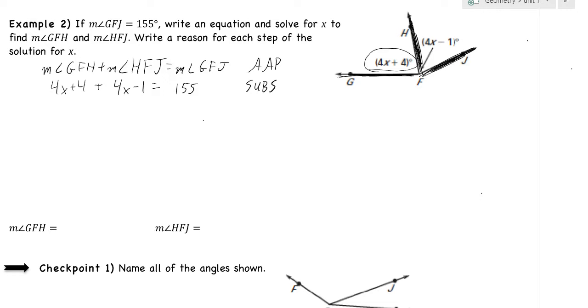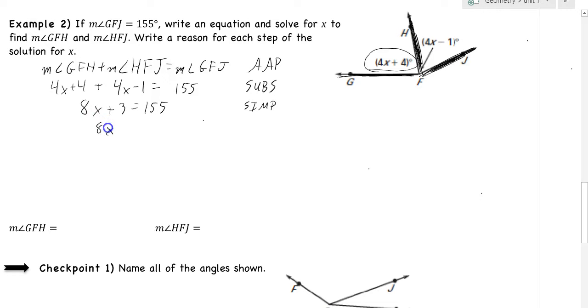Now we have to solve. This should seem very familiar from what we were doing before with the segment addition postulate. We're going to combine our like terms. 8x plus 3 equals 155. When we combine our like terms, that's simplifying.